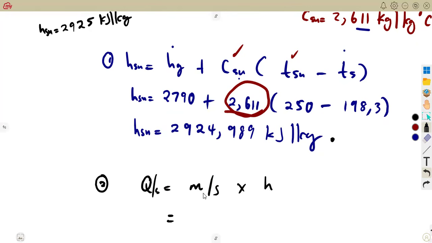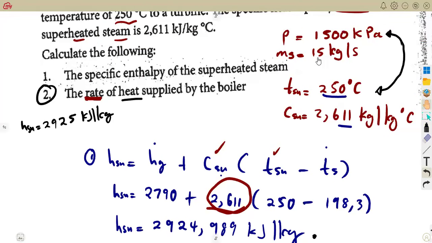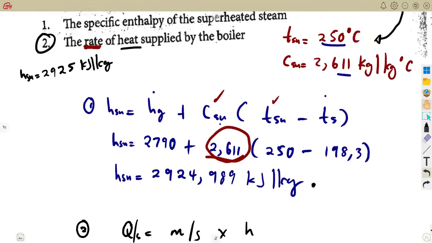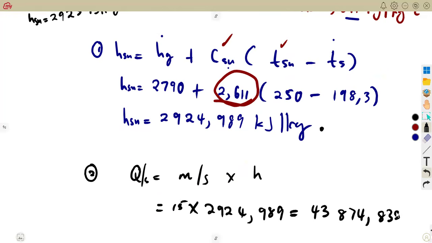So what is it that we have? The mass per second we are given for which mass? 15 kilograms per second. Multiply it to this, 2,924,989. You are going to obtain 43,874,835, which is in kilojoules per second.